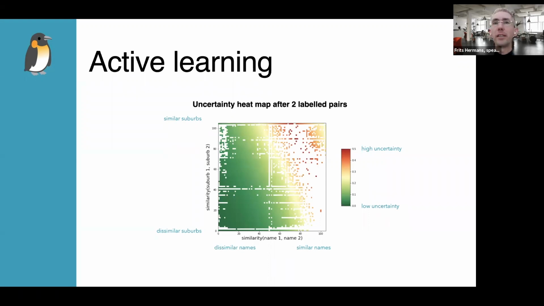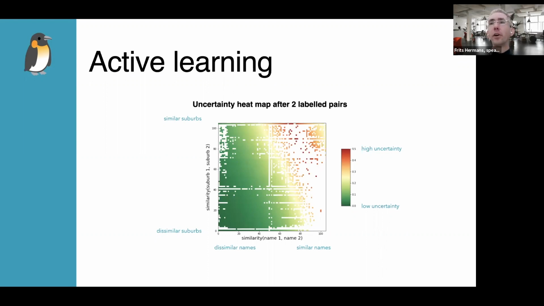Because I wanted to create a 2-dimensional plot, I could only use 2 columns and just 1 similarity metric per column. Then on the bottom left, you see the dissimilar names and the dissimilar suburbs. So these are the cases where most likely it's not a match. And on the top right, you see the more similar names and the more similar suburbs. So there's a larger probability that the pair is a match.